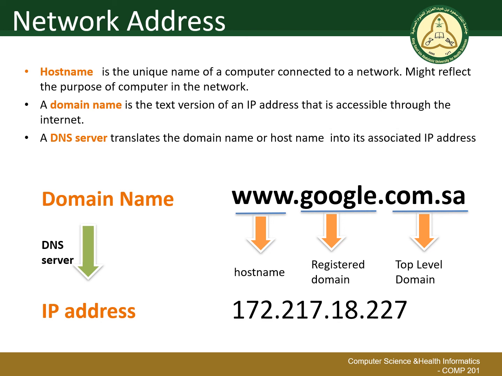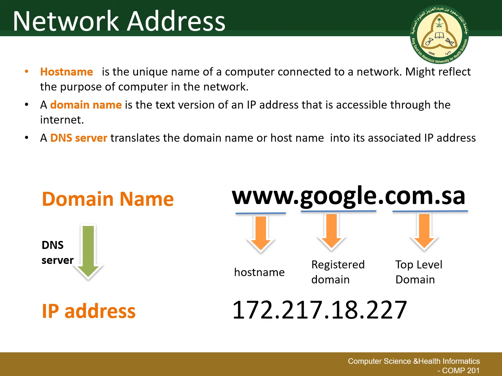If I say the domain name, it is actually the domain name and the IP address are the same. One of them is numeric and the other one is text. The domain name is basically the text version of the IP address.